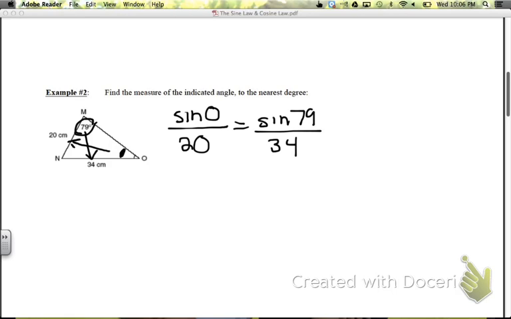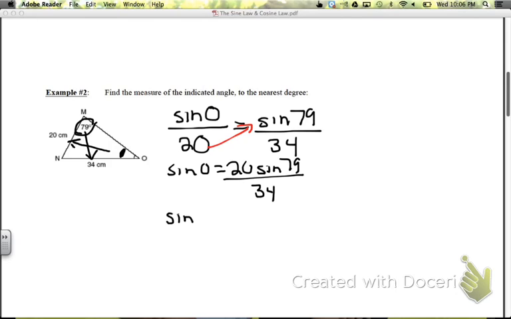And once again, I'm going to bring that 20 up. I'm going to cross multiply. However, I want to isolate my O, so I'm not going to bring that 34 up and multiply it. So when I bring that up, what I'm going to have is sine O is equal to 20 sine 79 divided by 34.